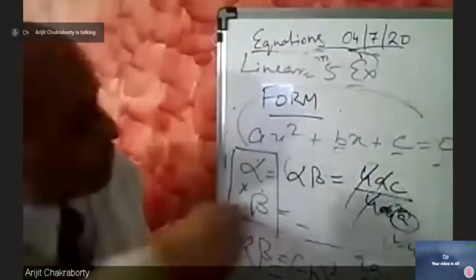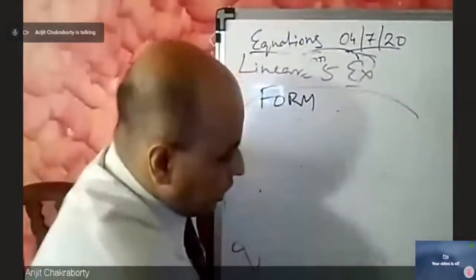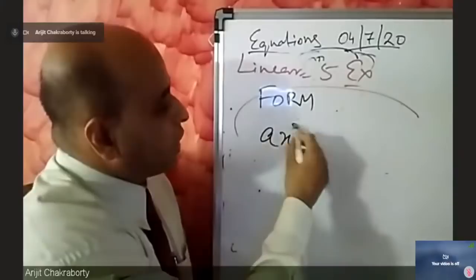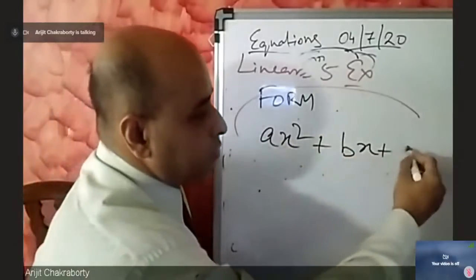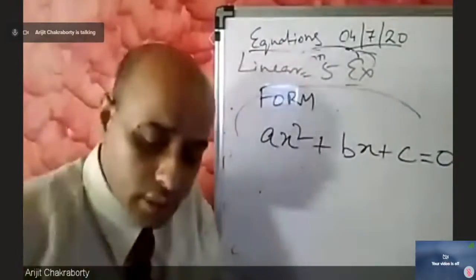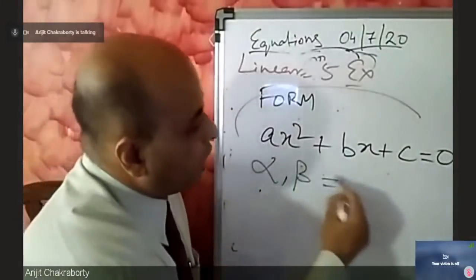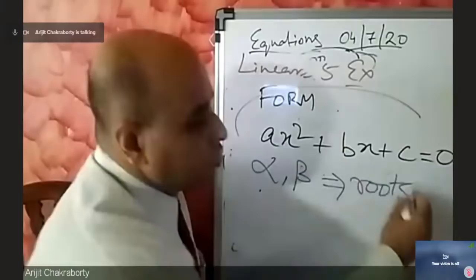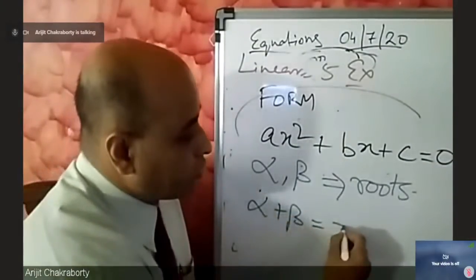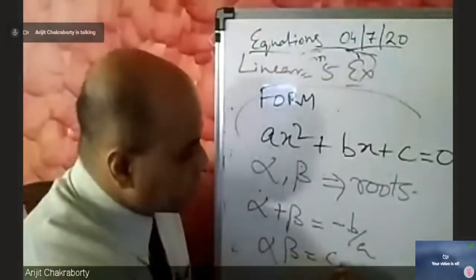So let me summarize these two very, very important formulas for your numericals, which will come in the exam on quadratic equation. So quadratic equation is of the form ax square plus bx plus c equal to 0. And we have seen in this small derivation, I derived the value that if alpha and beta are the two roots of the equation, then alpha plus beta will be equal to minus b by a, and alpha beta will be equal to c by a.